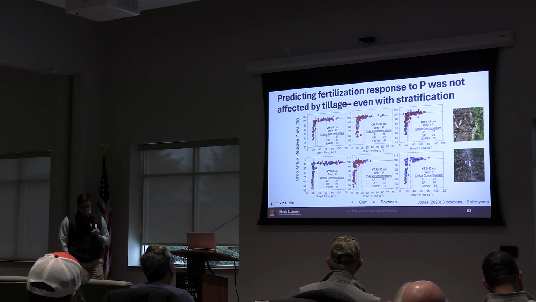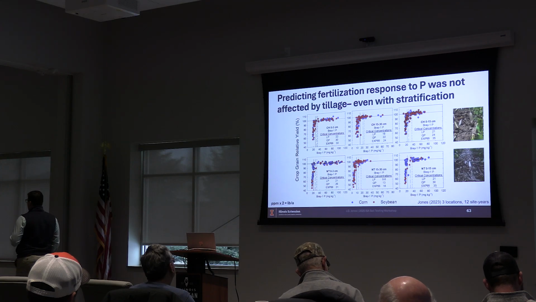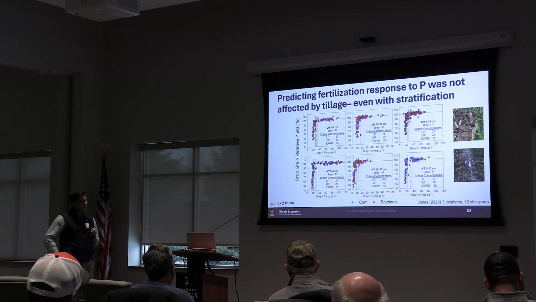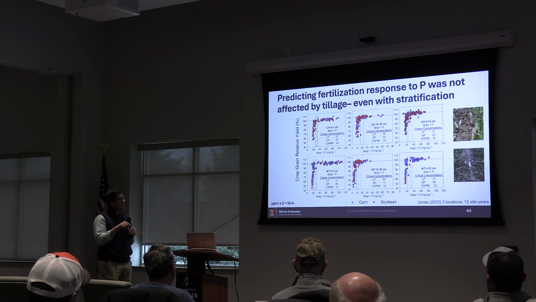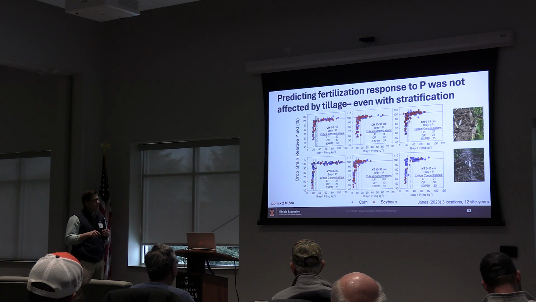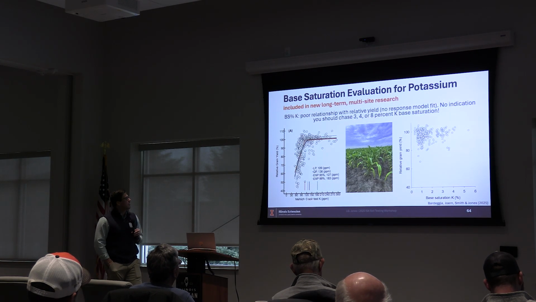Probably one of the things that came out of this, which was good to hear in terms of simplicity of the system, is that in this case, dealing with Iowa and Wisconsin, combining some data, the 6-inch sample depth actually provided the best predictive power of responsiveness to phosphorus, regardless of tillage system, whether you're going with a shallow sample or a deep sample in general. I don't know if that's always going to hold true, but it's something that we're looking at across Illinois right now as well.